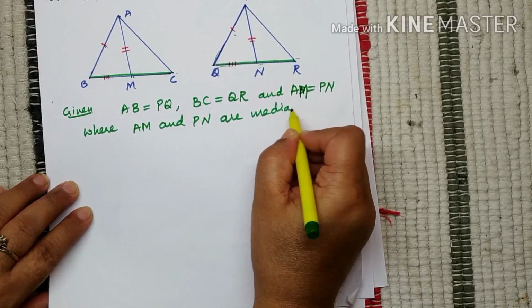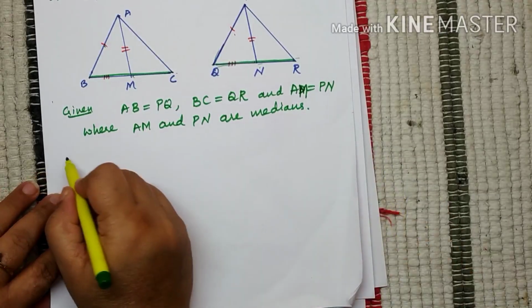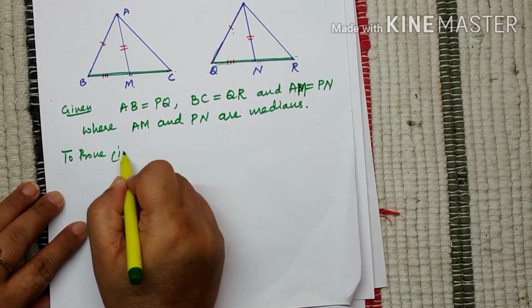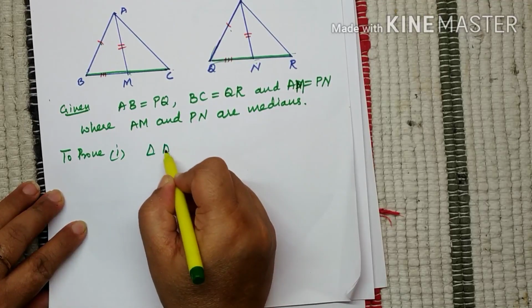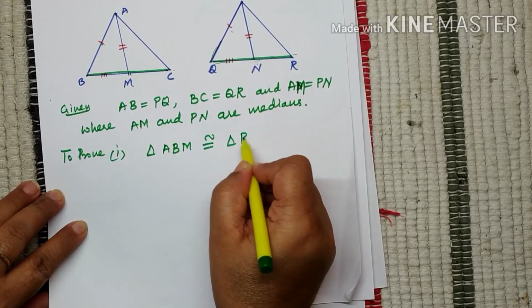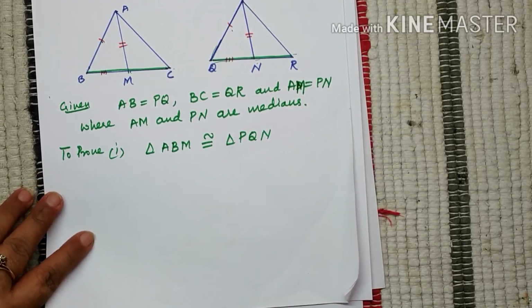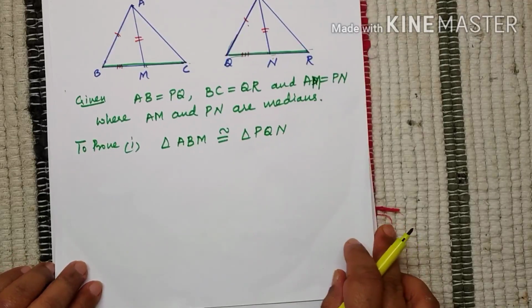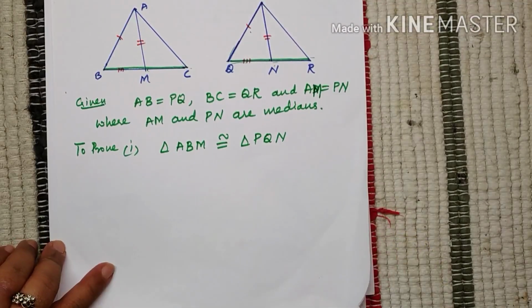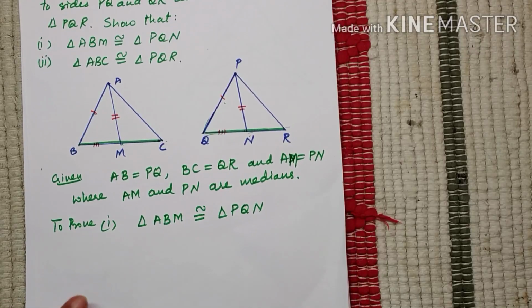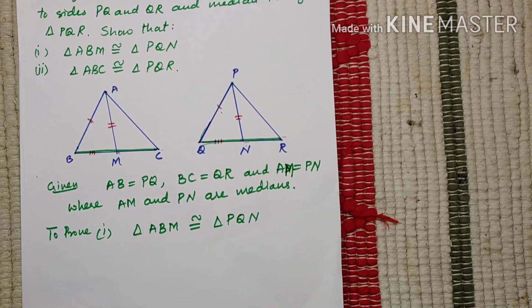They are medians. Now what do we need to prove? We need to prove the first part, triangle ABM congruent to triangle PQN. Let's start with the first part. Before starting with the solution, I need to do a mind map.